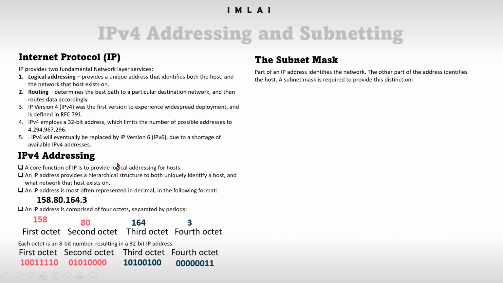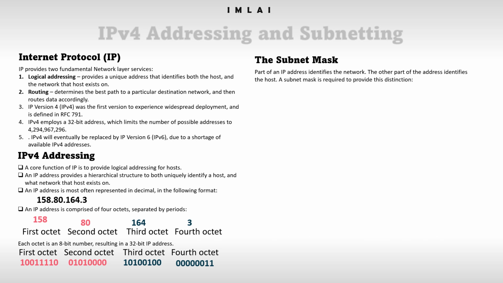So if you see this total IP version 4 address, one part will identify the network, the other part will identify the host. A subnet mask is required to provide this distinction. So now you got the difference between a subnet and a subnet mask.